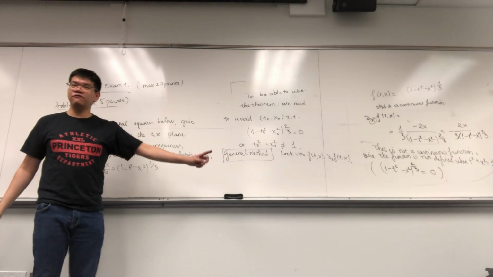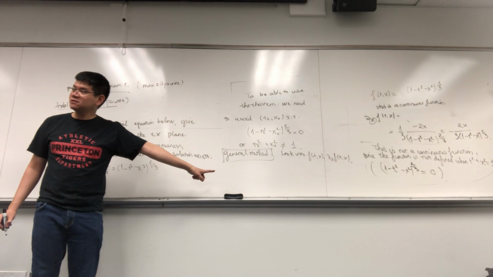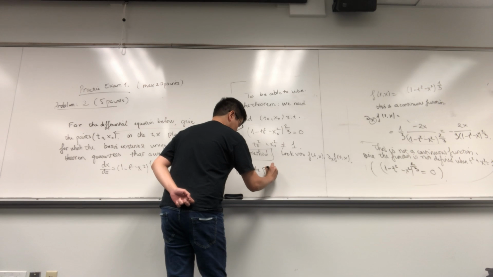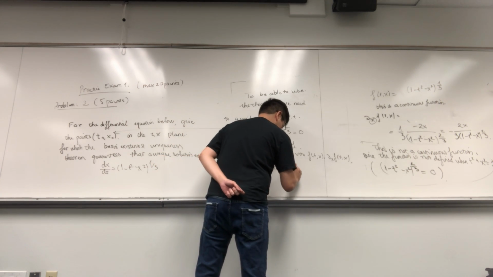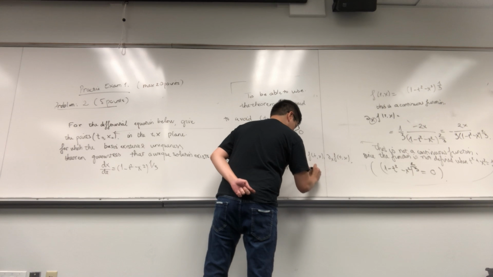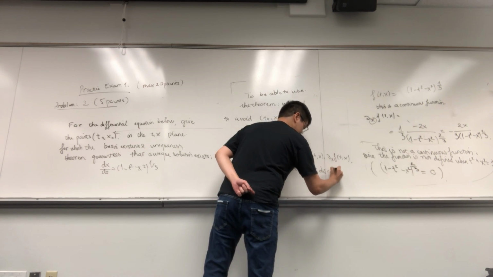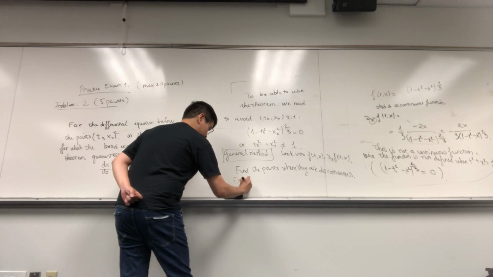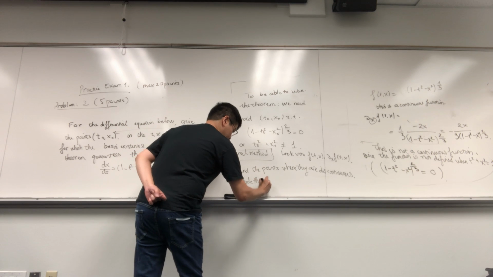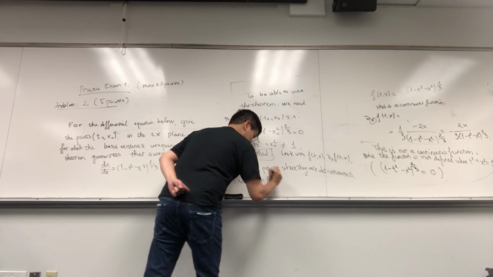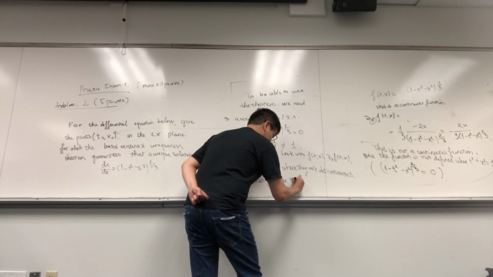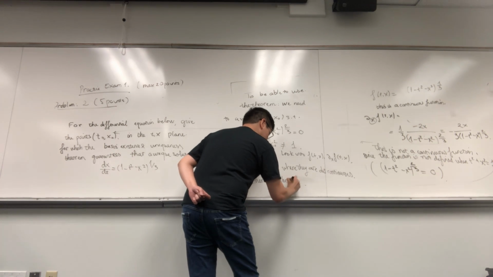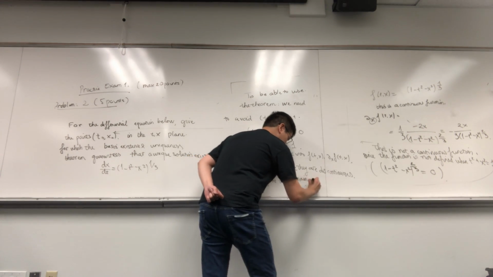Find the points where they are not continuous, where they are discontinuous, and exclude them from the domain, the set of choices of the domain of t0, x0.